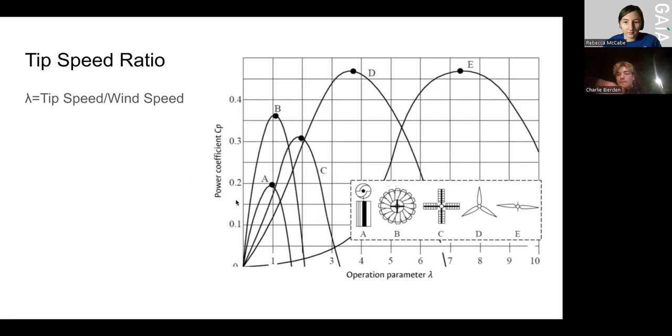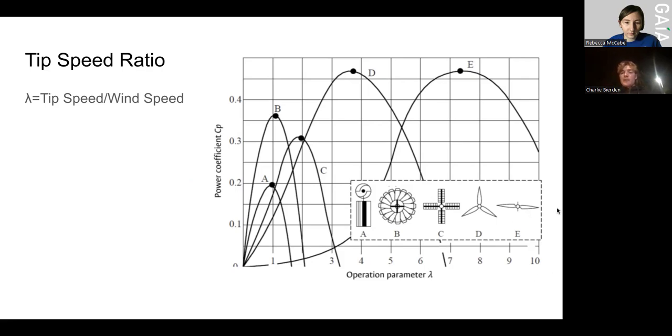You can see with turbines with the higher swept area, like the ones we showed before with the four blades or the dozen blades, they work best at a low tip speed ratio. And so these are high torque machines where it rotates slowly but has a significant amount of torque.